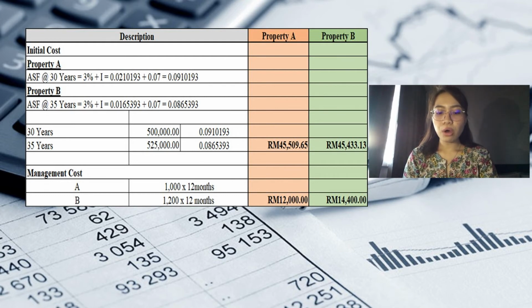So we just multiply the value by 12 months. Why 12 months? Because we need to find the value for the whole year. So after you total it up, we get 12,000 ringgit for property A and 14,400 ringgit for property B.